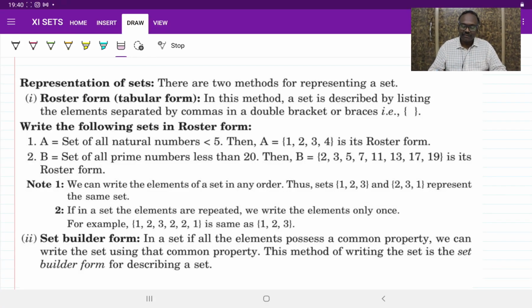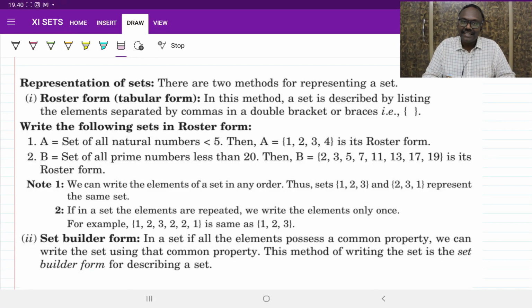So in the representation of sets, we have basically two types of representation. The first method is called the roster form or tabular form. In the roster form or tabular form, what we do is we list down all the elements within the braces separated by commas. Let us take a small example.